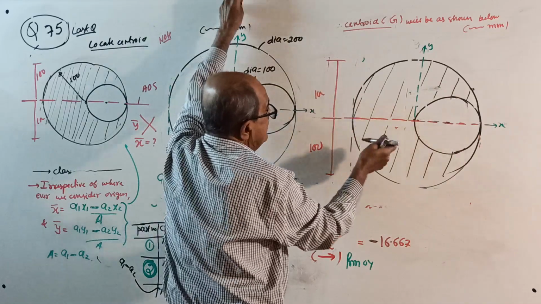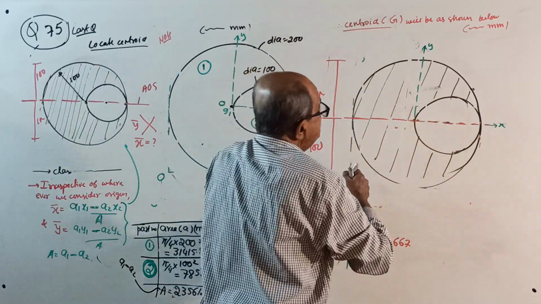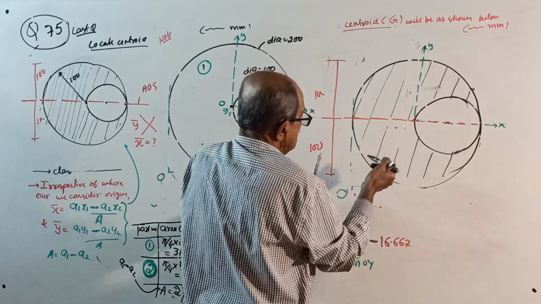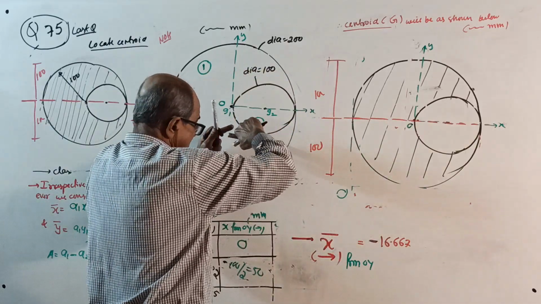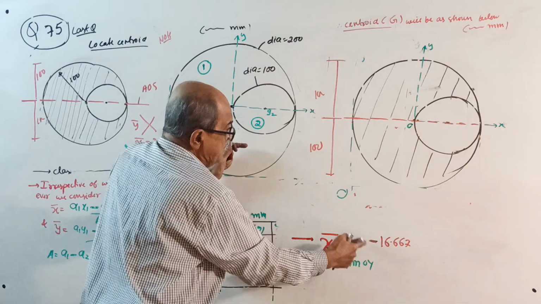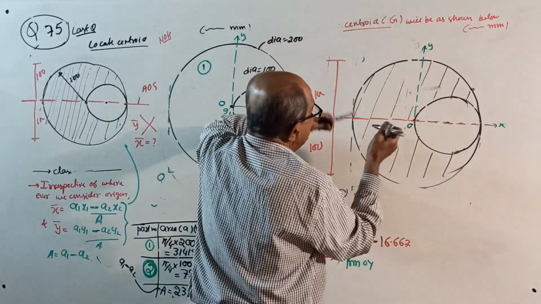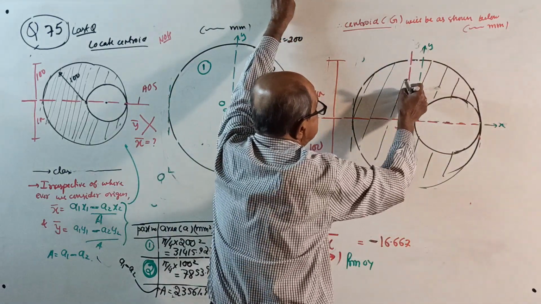But from the origin here, this is your origin O, which is also the center of the circle. X bar, you took X right side. Negative sign came. So it is not right side, it is left side.